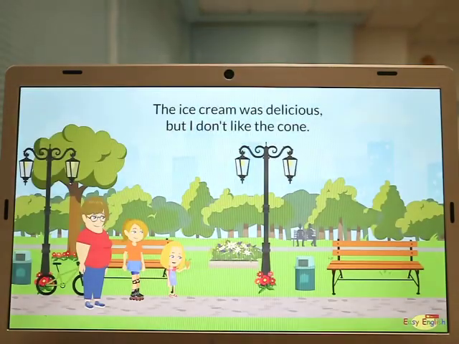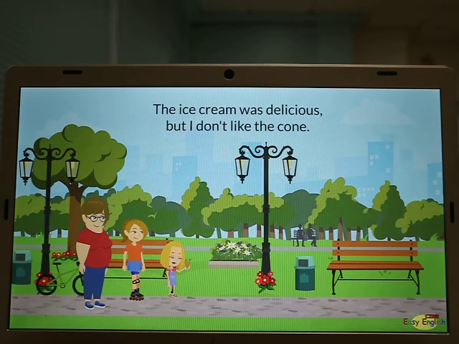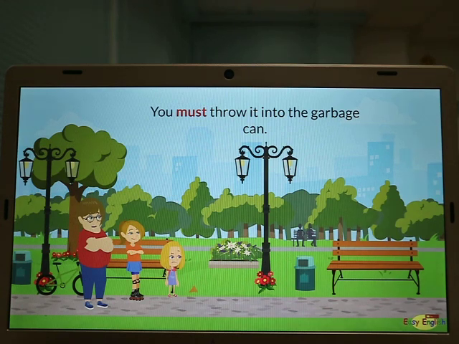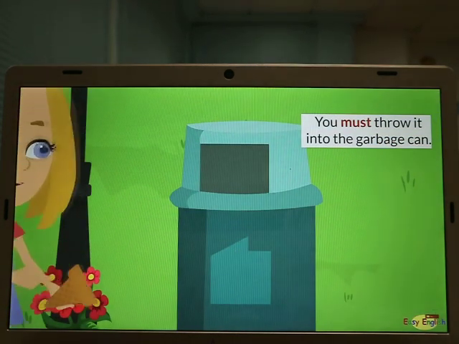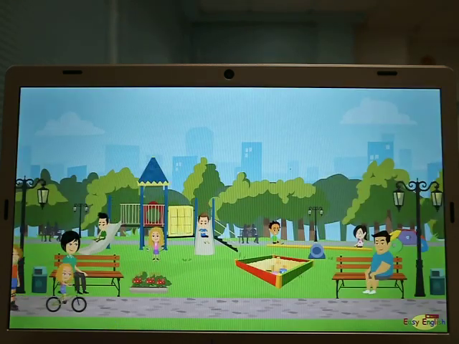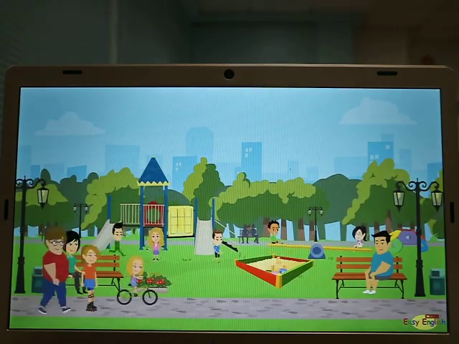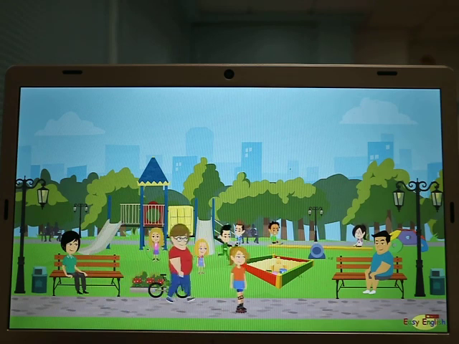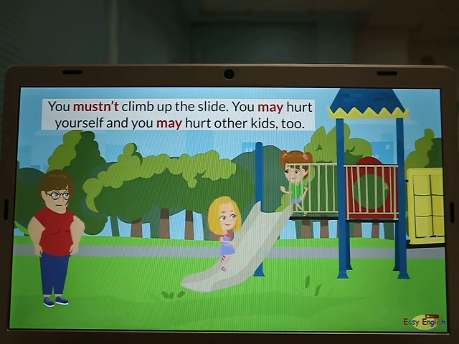The ice cream was delicious, but I don't like the cone. You mustn't throw rubbish on the ground, Alice. You must throw it into the garbage can. You mustn't climb up the slide.